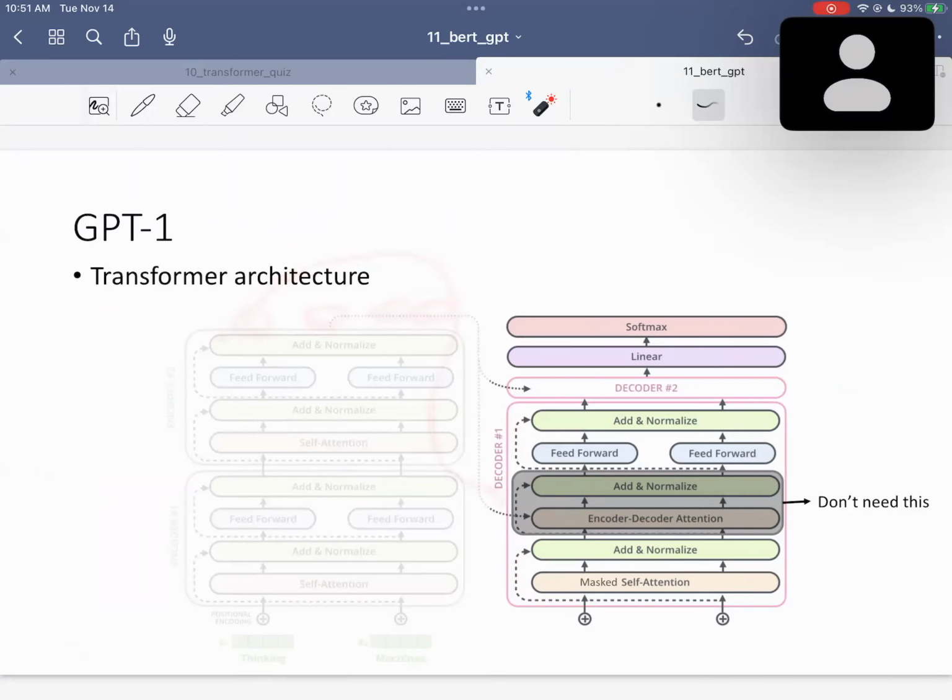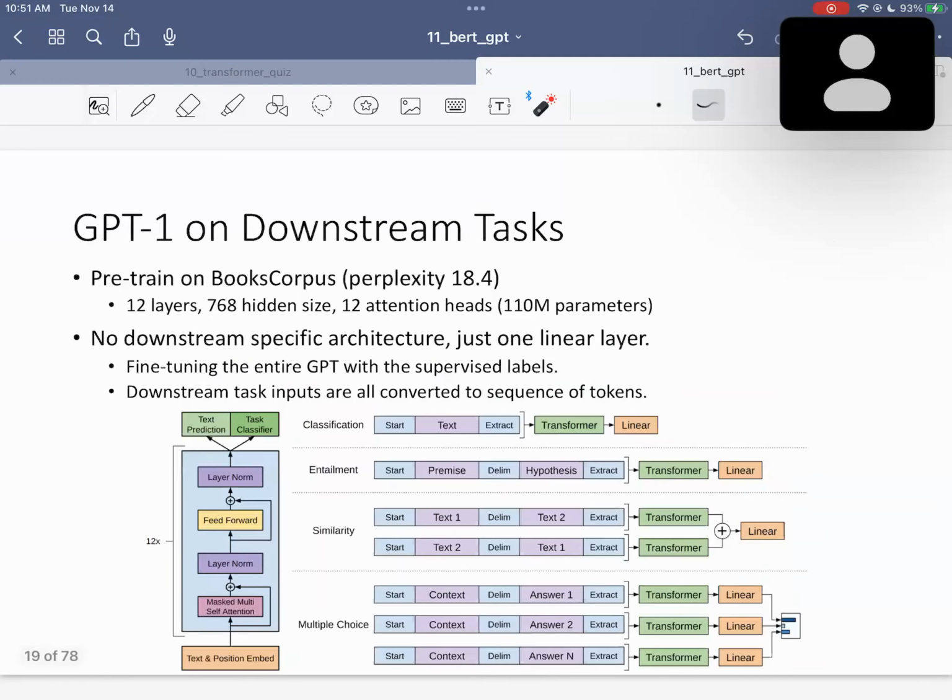So we don't need this because we only need the decoding part. So we only have this, and this. Masked self-attention, add and normalize, feed forward, add and normalize, and then you repeat this more streamlined decoder multiple times, and that's it.